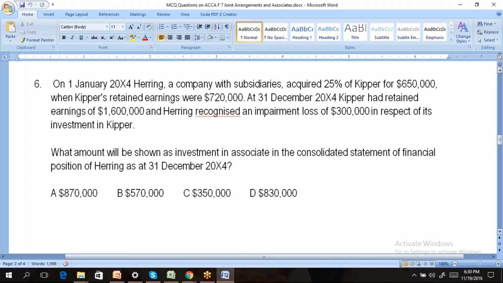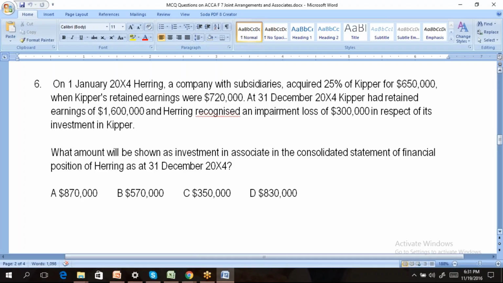You have to always look at the original cost of the investment plus post-acquisition profits. Post-acquisition profit is the difference between the closing and the day of the acquisition. So it will be 1,600 minus 720, times 25%.